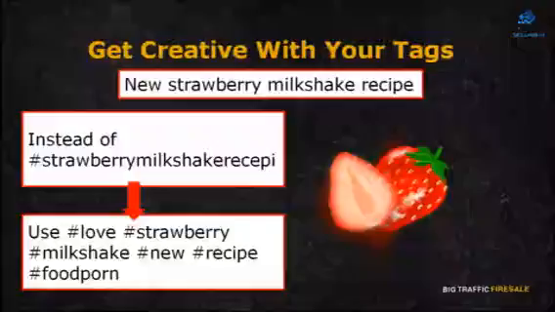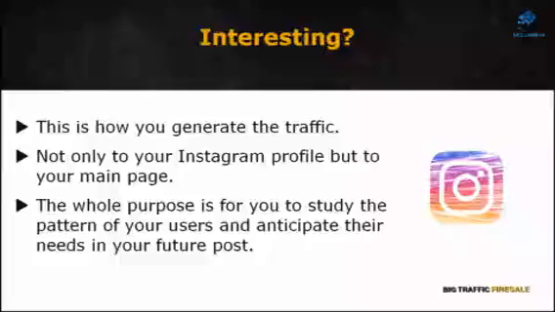It'll be easier for users to find your posts this way. Interesting? This is how you generate traffic, not only to your Instagram profile, but to your main page as well. Try it out. The whole purpose is for you to study the pattern of your users and to anticipate their needs in your future posts.